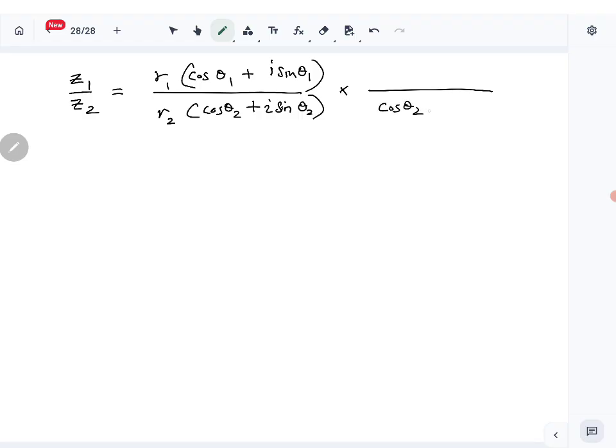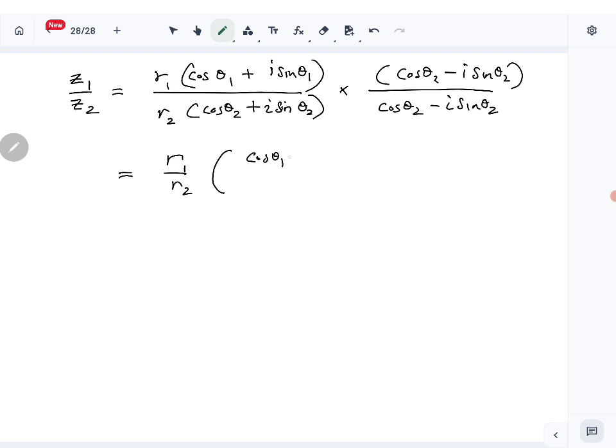Cos theta 2 minus I sin theta 2, here and here. So what do you get? R1 over R2, I will leave it outside. And then what do I have?